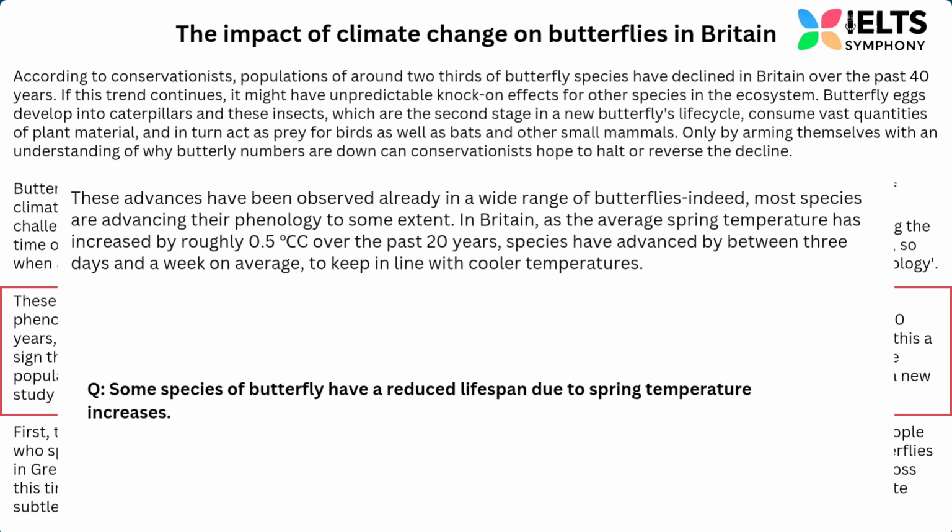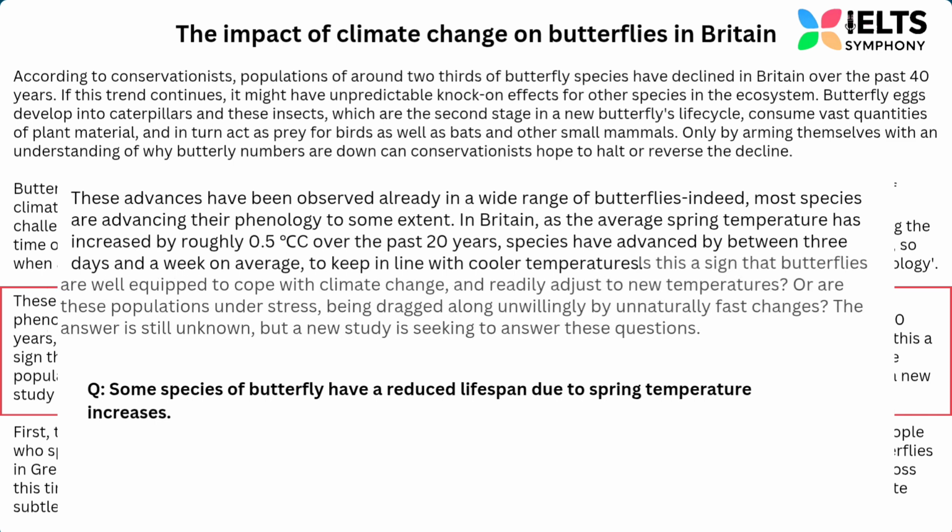The passage confirms that spring temperatures have increased and mentions that species have adjusted their timing in response. However, it only discusses their adaptability to temperature fluctuations, not lifespan. Well, I believe we need to read further to check for any relevant information.